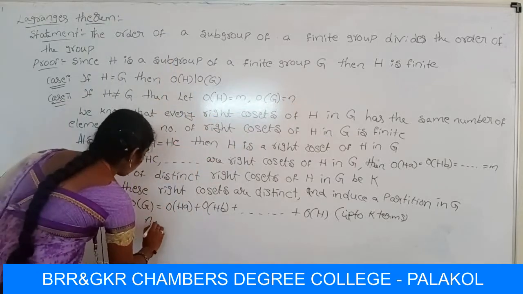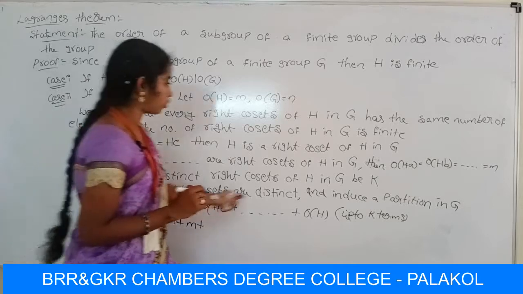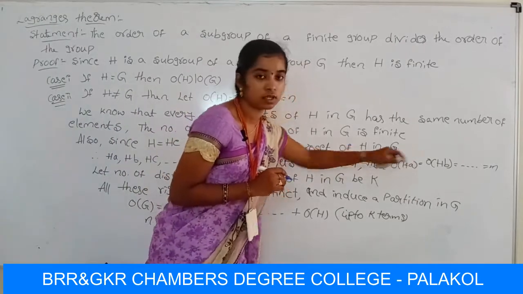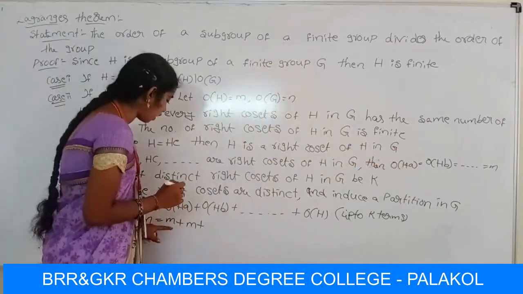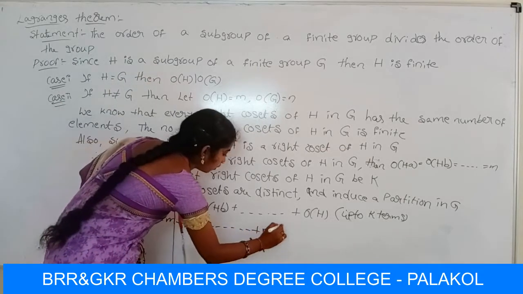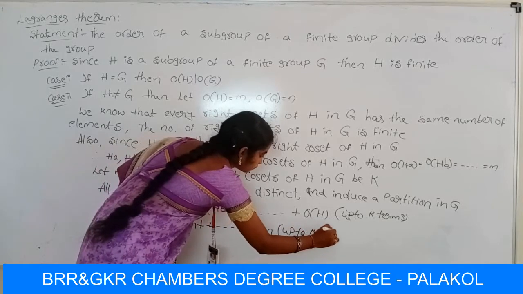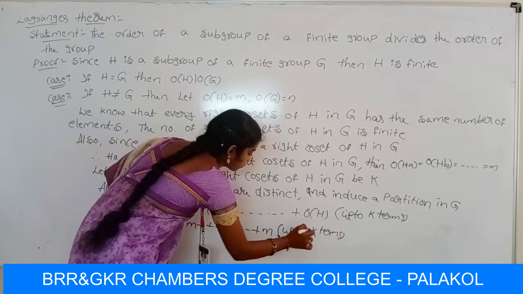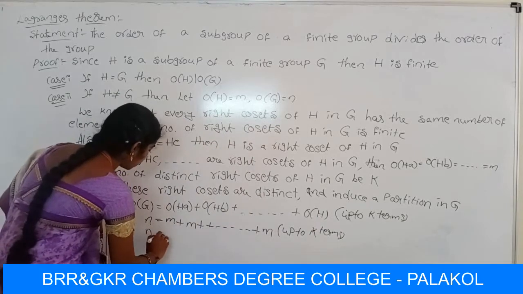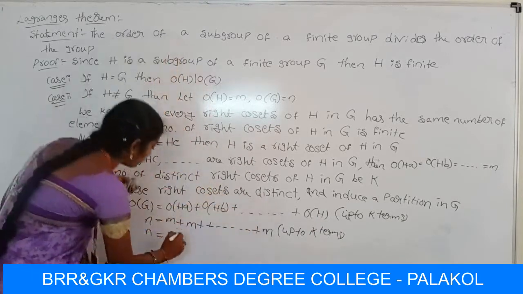So n is equal to m plus m plus and so on, up to K terms. That means n equals mk.